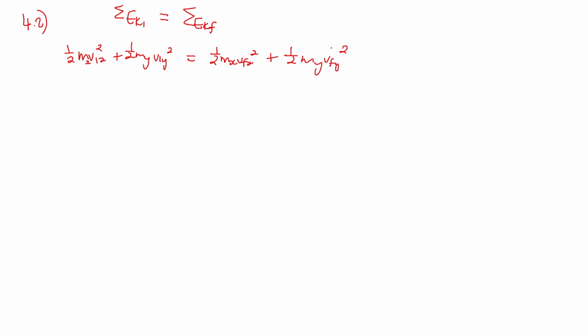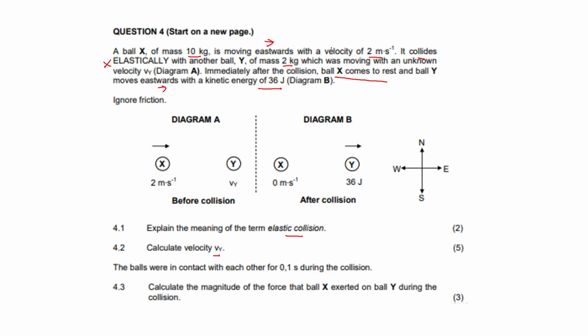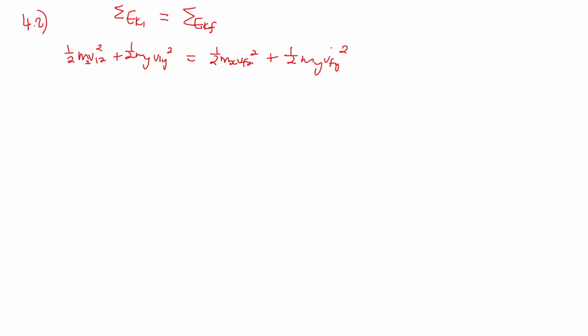All right, so what has been given? They gave us the masses. They gave us the initial velocity of X, which is 2, and they gave us the final velocity of X, which is 0, and they gave us the final kinetic energy of ball Y. So what can we do?